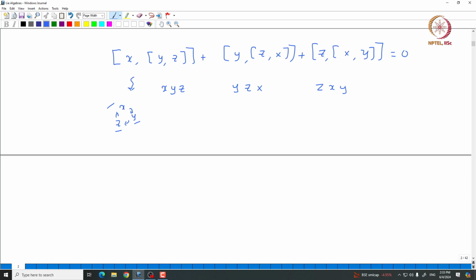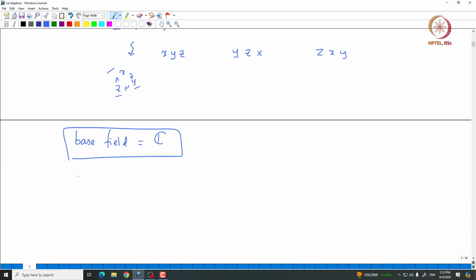So, throughout the course, we assume that our base field is the complex numbers. We can also work over any algebraically closed field of characteristic 0, but to simplify our life, we can just assume that the field is the complex numbers.